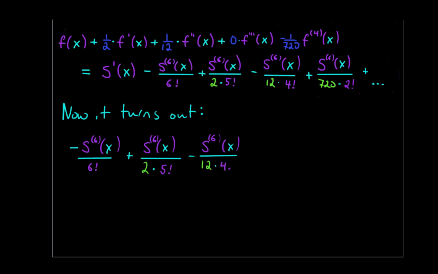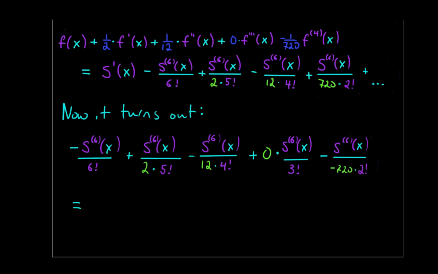And now just to continue the pattern here, I'll have plus 0 times S6 of x over 3 factorial. Obviously, we don't have a 0 up there, but I can include it as a void entry. Minus S6 of x over 720 times 2 factorial.